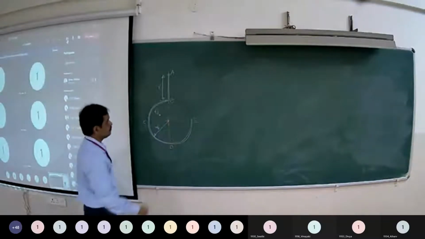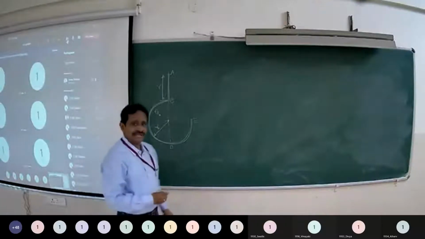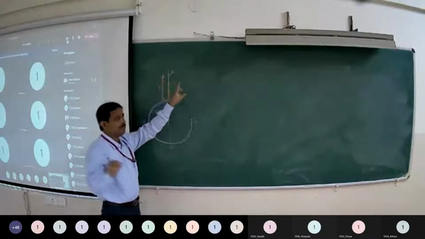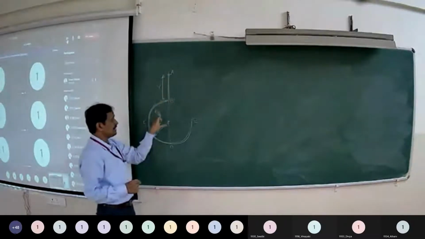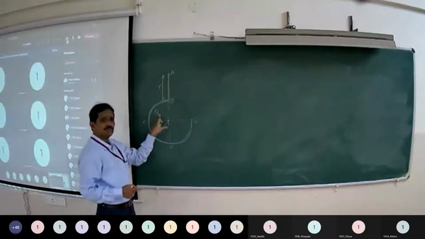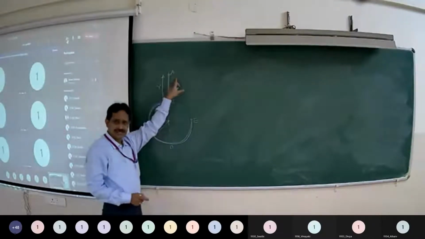Is it clear? Now, also we know that when a body is suspended from any point, the center of gravity of that body will be located on the vertical line passing through point of suspension.